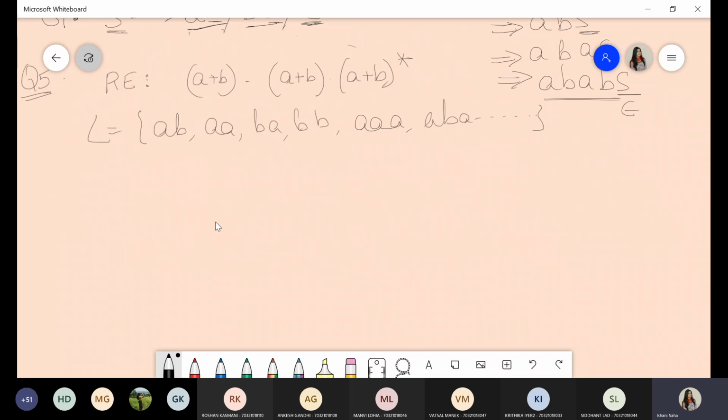Now see, for a question like this, how am I going to do it? The simplest way I'm going to tell you. You know the grammar for A plus B star, right? So you just write the grammar for A plus B star, with some other production. So the start symbol is not going to be that, obviously. But there is a production of this AB star, which I know. So can I write this thing as this?